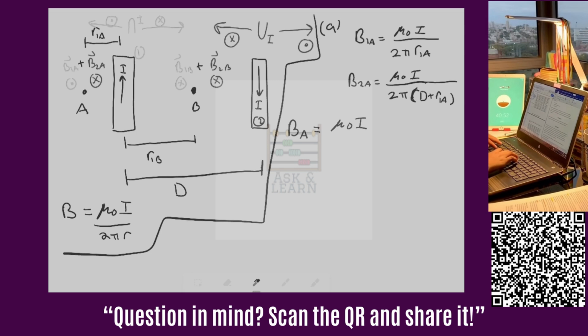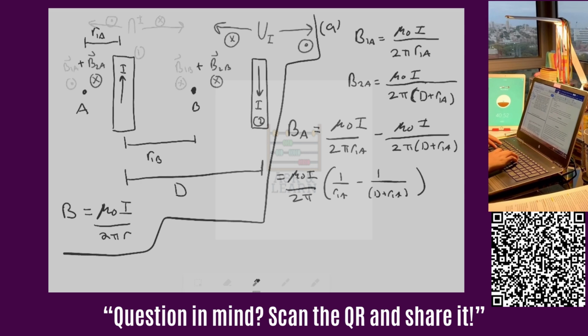I'll take my magnetic field from wire 2 at location A and subtract from it the magnetic field from wire 1 at location A. Now there are a lot of things I can factor out, and so we'll see that I have mu naught times I divided by 2 pi, all multiplied by 1 over R1A minus 1 over D plus R1A.